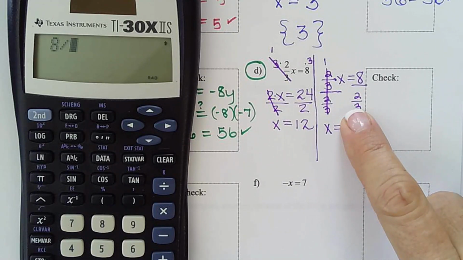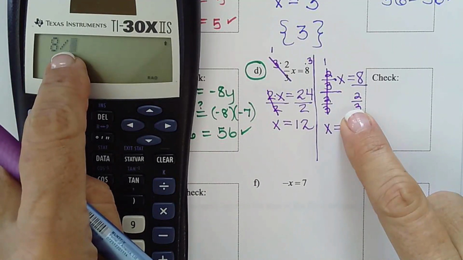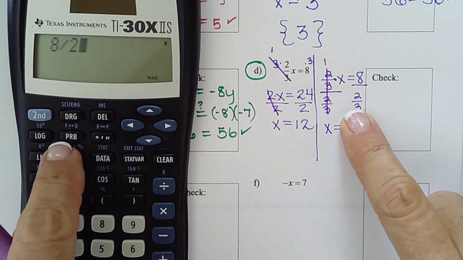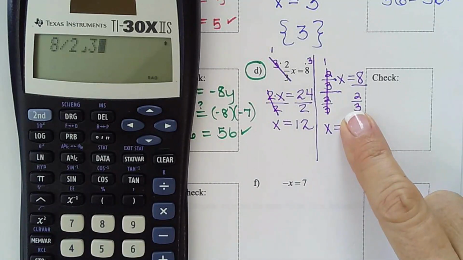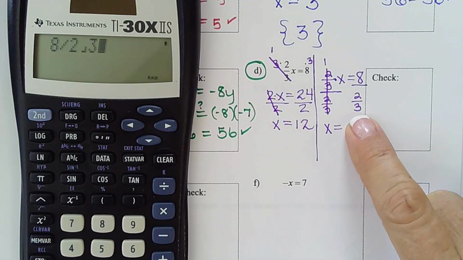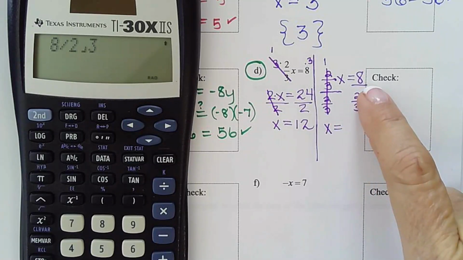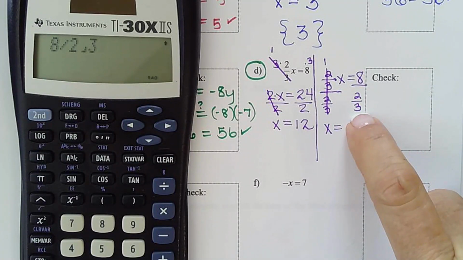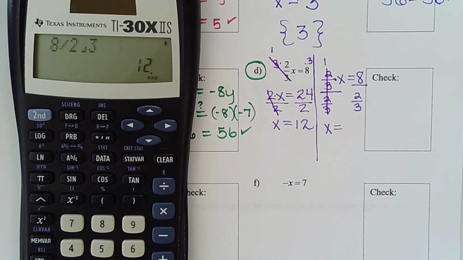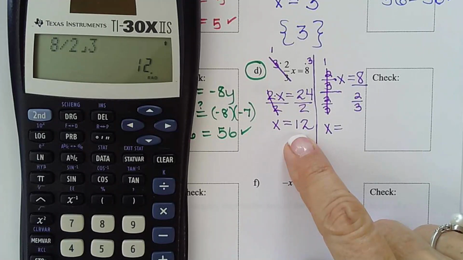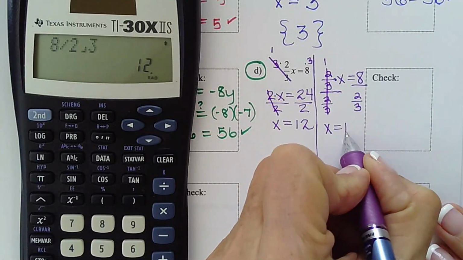This is the fraction bar. So 8 divided by 2 fraction bar 3. So that's how you would type that into your calculator. So must be division there, and then use your fraction bar key for 2/3. And ding, ding, ding, ding, ding. Same answer I got by doing it by hand.